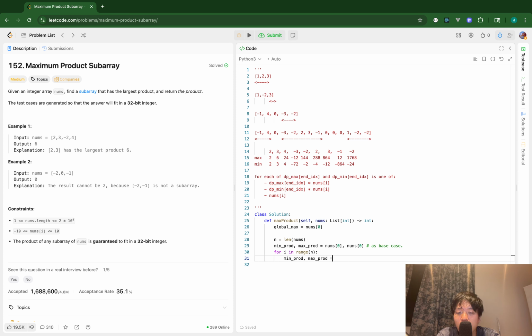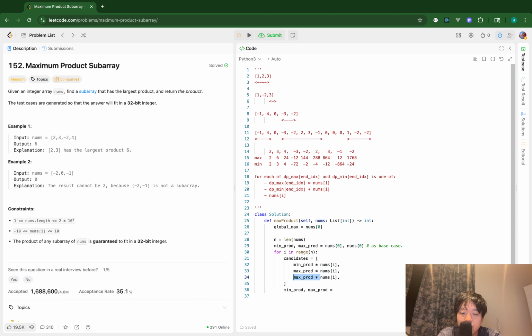Okay, from here, I will calculate. These are three candidate numbers of the minimum product which ends with index i, or the maximum number which ends with index i.